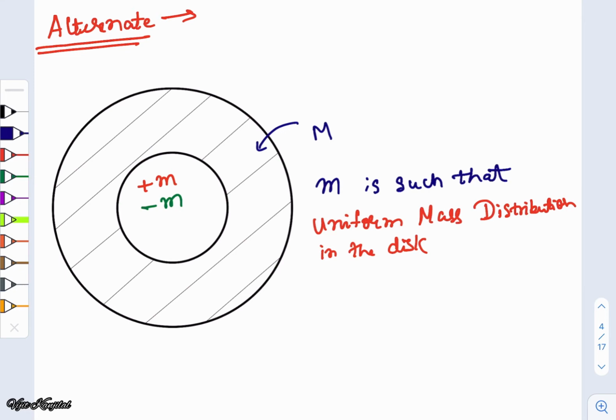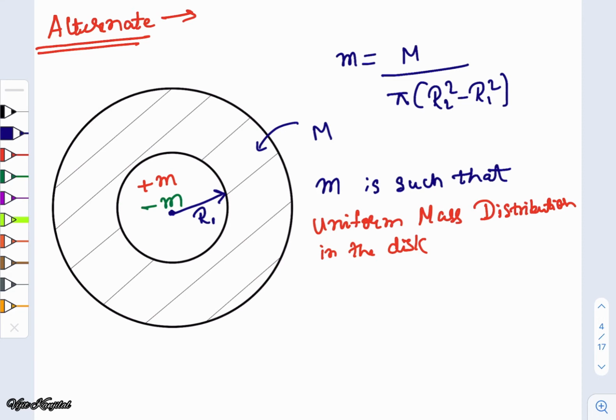So what should be the value of small m? Small m should be m by pi R2 square minus R1 square times the area of this particular circle.